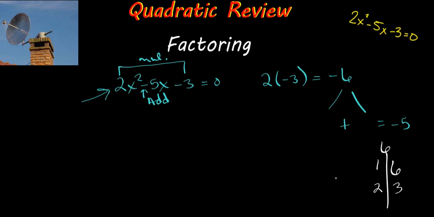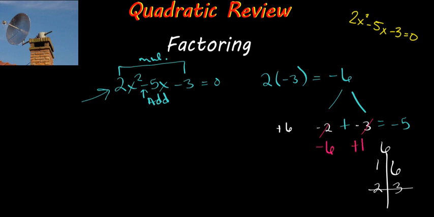Now, if you make a -2 and a -3, that will add to a -5, but it will not multiply to a -6. It multiplies to a +6. So the 2 and the 3 can't work simply because of this negative on the 6. You have to use a -6 and a +1 in order to get your -5.